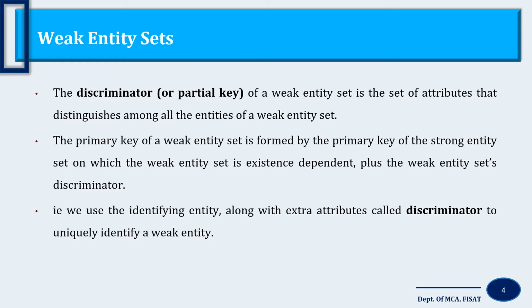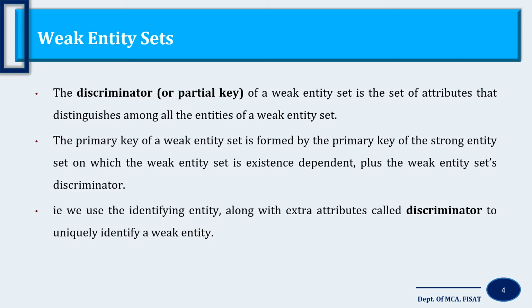The set of attributes in the weak entity set that distinguishes among the entities in the entity set itself is called a partial key or the discriminator, and it is only a partial key.